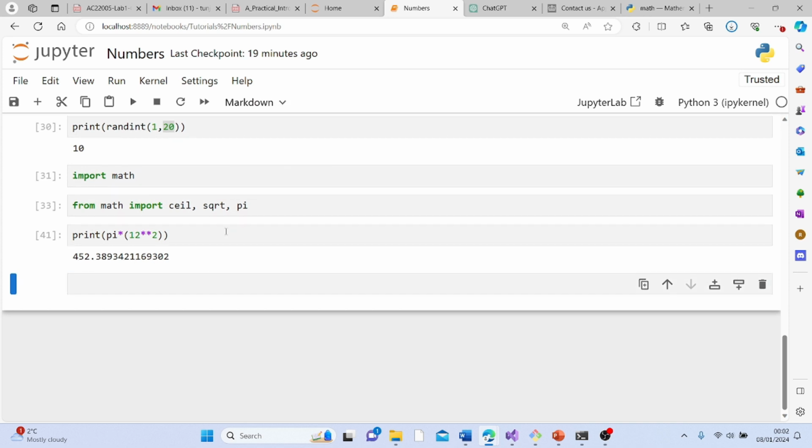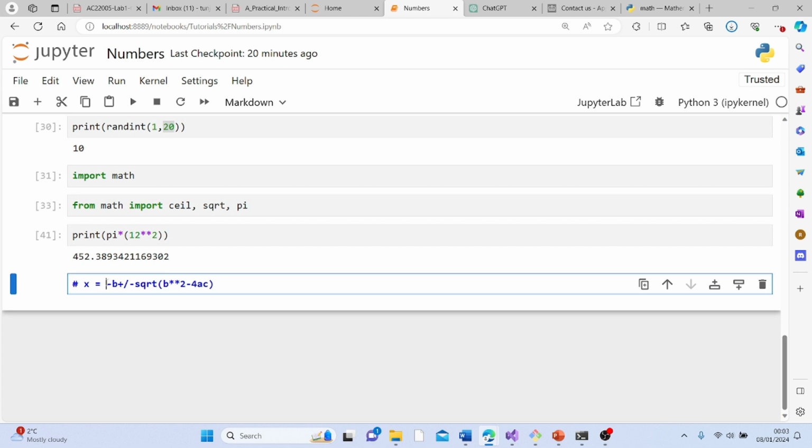So the equation says x is equal to minus b plus or minus square root of b squared minus 4ac, right?